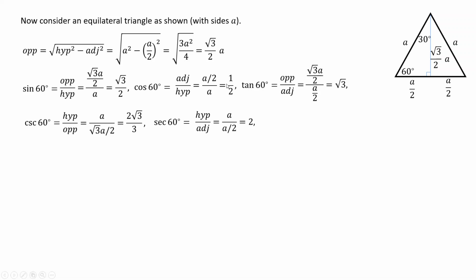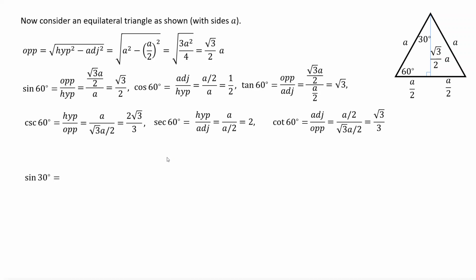Secant 60 is just the reciprocal of 1/2, which is 2, and cotangent 60 is the reciprocal of square root of 3, which is 1 over square root of 3, or we can write that as square root of 3 over 3. Cool? So for 60 degrees, we know all the trig ratios.